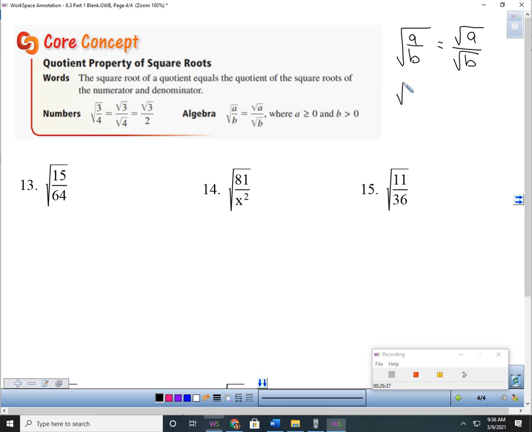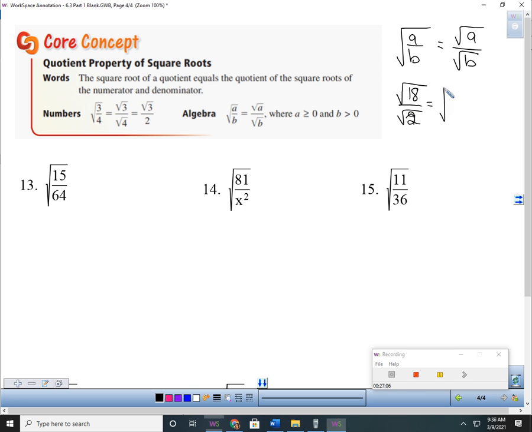Sometimes, I'm just going to point this out, they might give you something where they're already separated. Is 18 a perfect square? 9's a perfect square. This is probably, let's do 2. Neither one of those are perfect squares, and I would actually do a lot of work to simplify this, because you don't leave roots in the bottom. It's just kind of frowned upon.